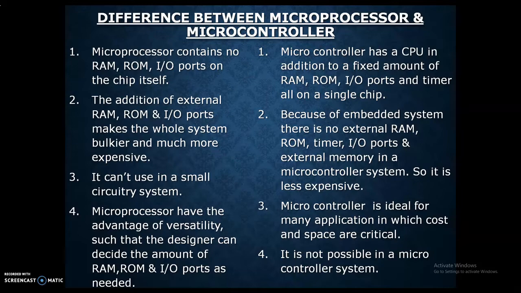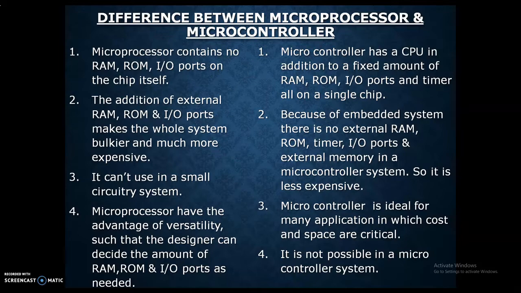As the microprocessor has external device connections, it needs some big space, so it cannot be accommodated in a small circuitry, but a microcontroller can be accommodated in a small circuitry system.